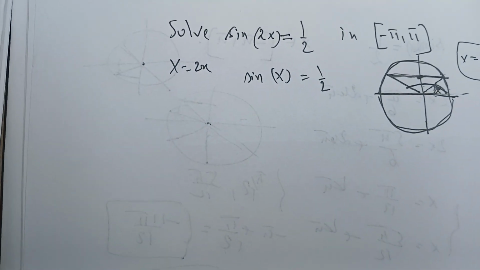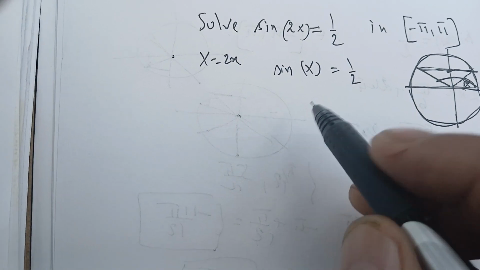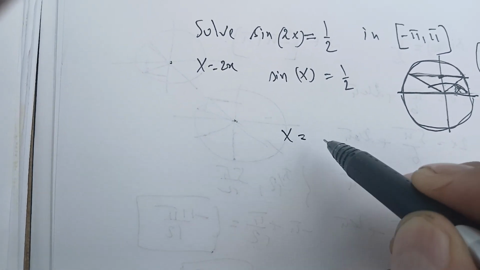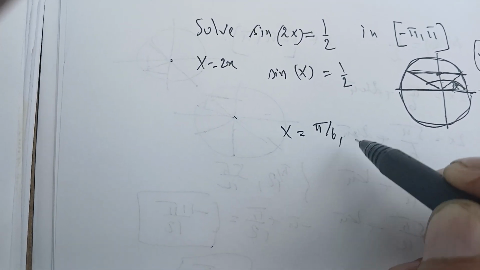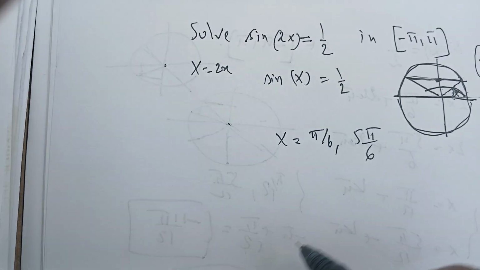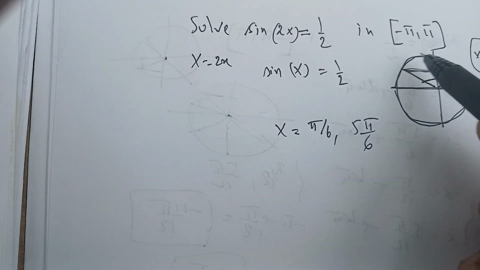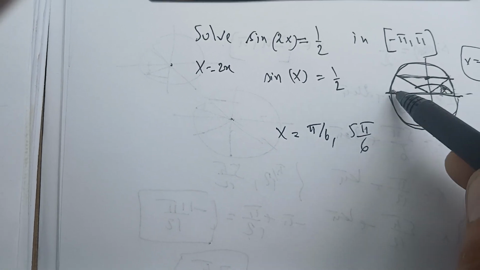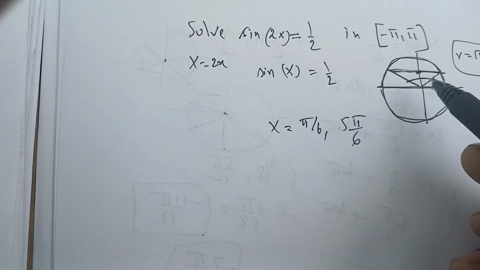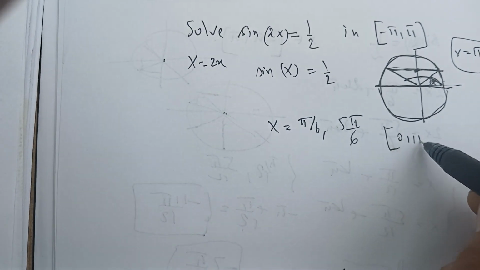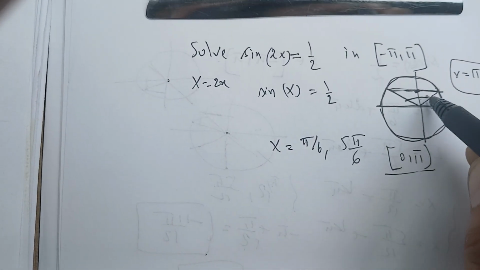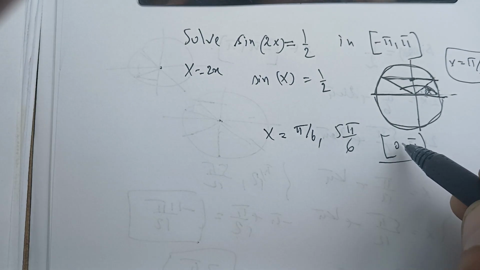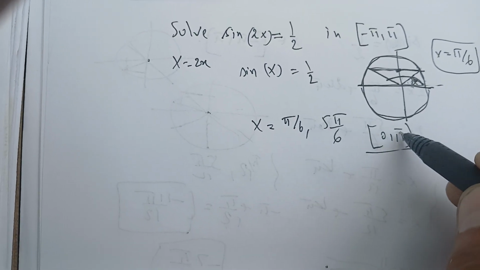So that means x is either pi over 6 or 5 pi over 6. And we are here. Since we are in the upper half, we are using the positive orientation. So the angles here are going to be expressed in the positive interval, 0 to pi.